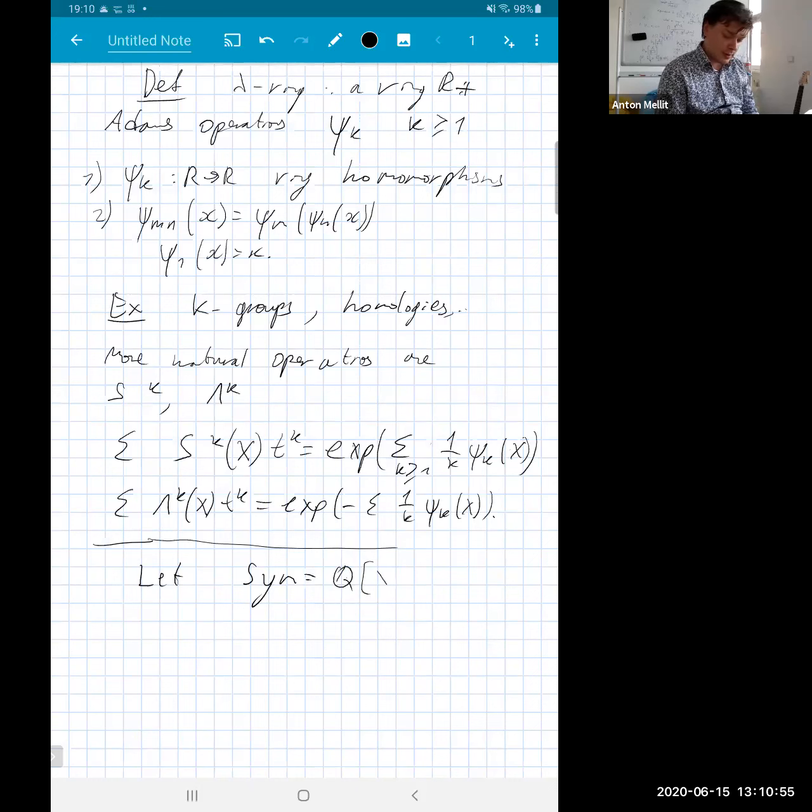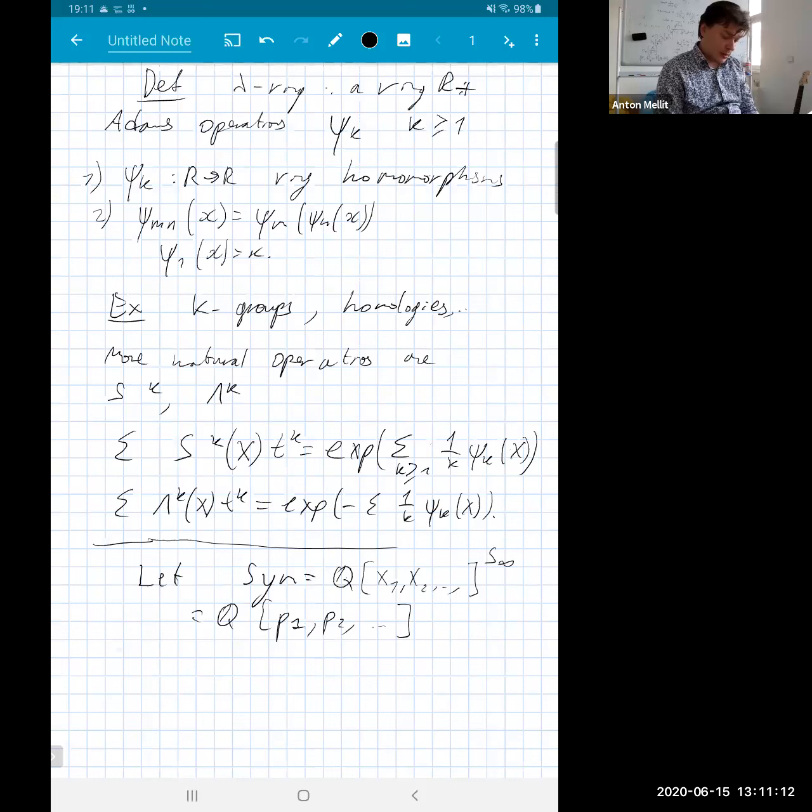You have x1, x2, and so on, invariant under the action of the infinite permutation group. And of course, this is also just polynomials in the power sum functions.